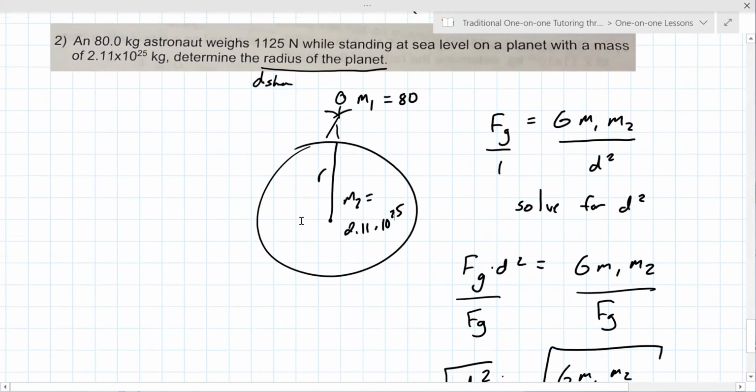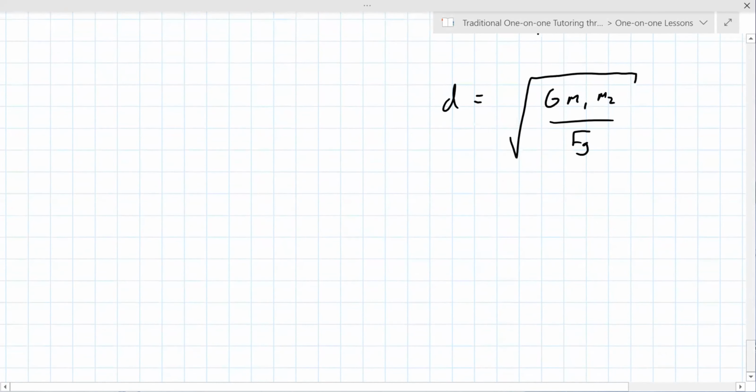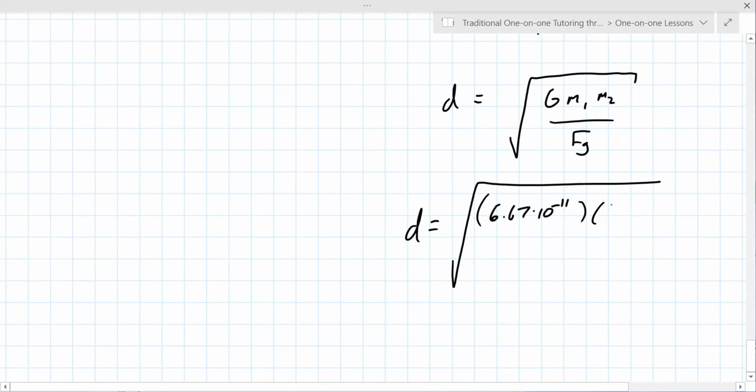So we've got those numbers, so we'll start plugging those in. D is equal to the square root of 6.67 times 10 to the minus 11 times 80 times the 2.11 times 10 to the 25th all over FG.